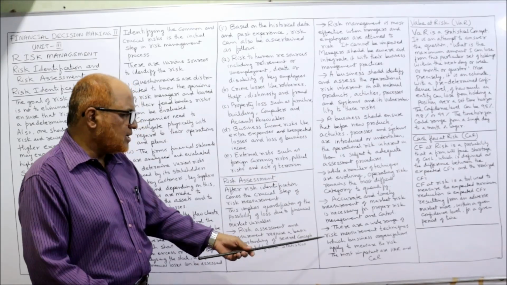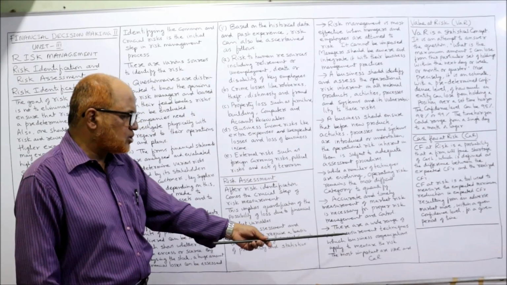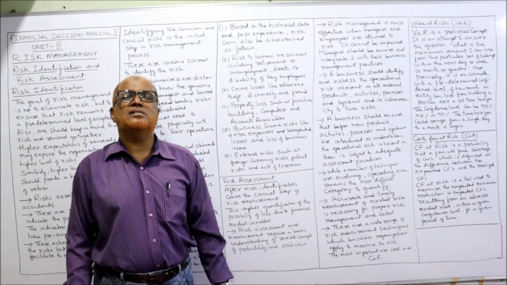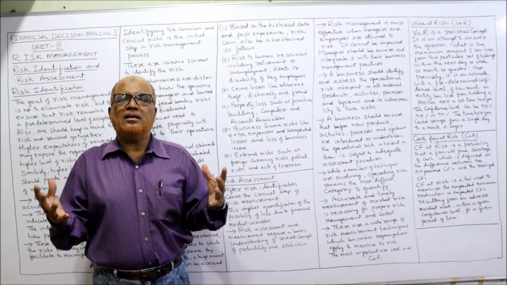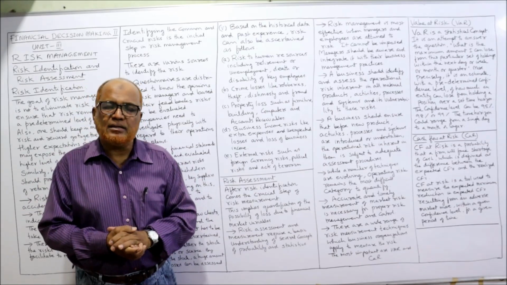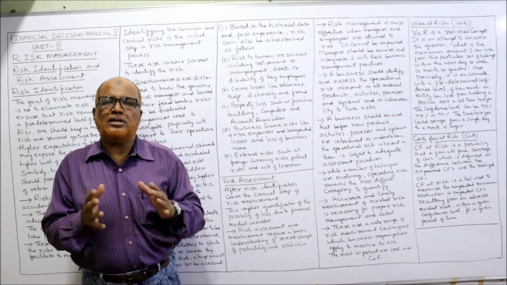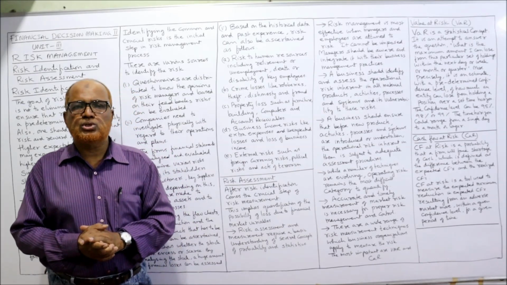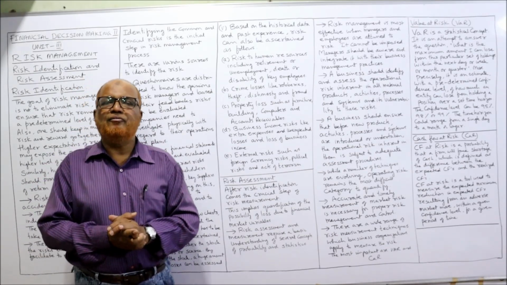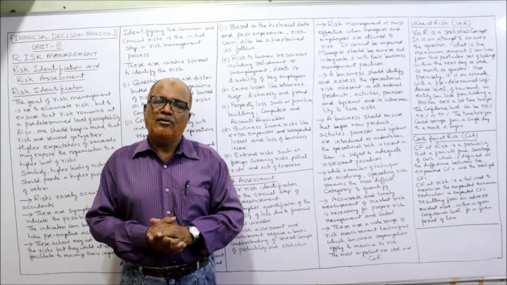Now, there is a wide range of risk management techniques which business organizations apply to measure risk. The most important are VAR and CAR. Many techniques are there in order to measure the risk, but the most important, very frequently used techniques of measuring risk are VAR and CAR.